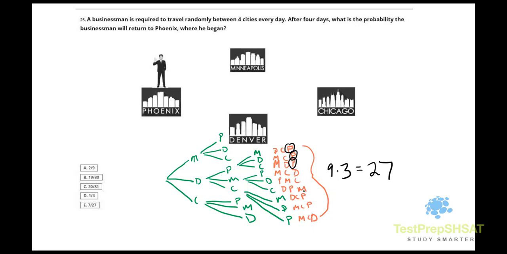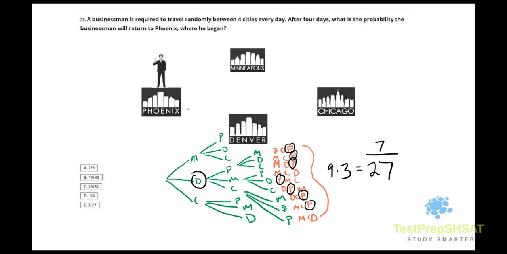Essentially, any of the outcomes here in orange that have P's in them. That looks to be 7 in all. So there's 7 out of 27 ways he could end up in Phoenix if he went down the middle branch toward Denver at first.